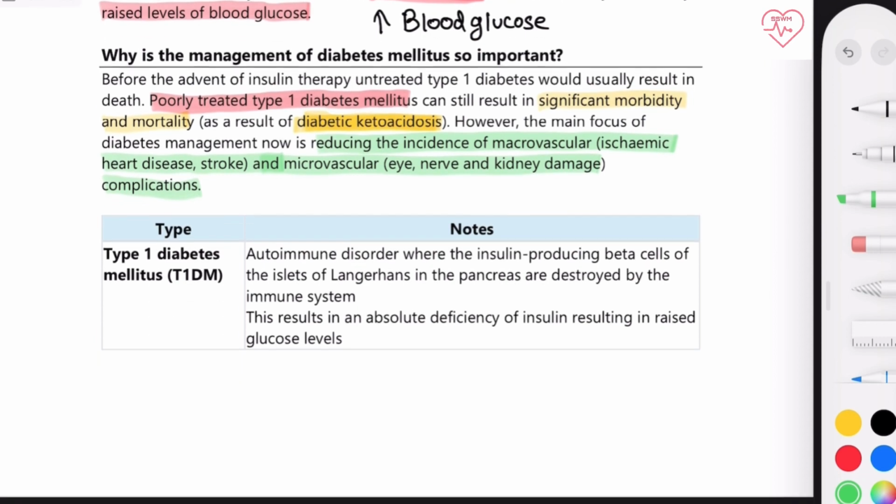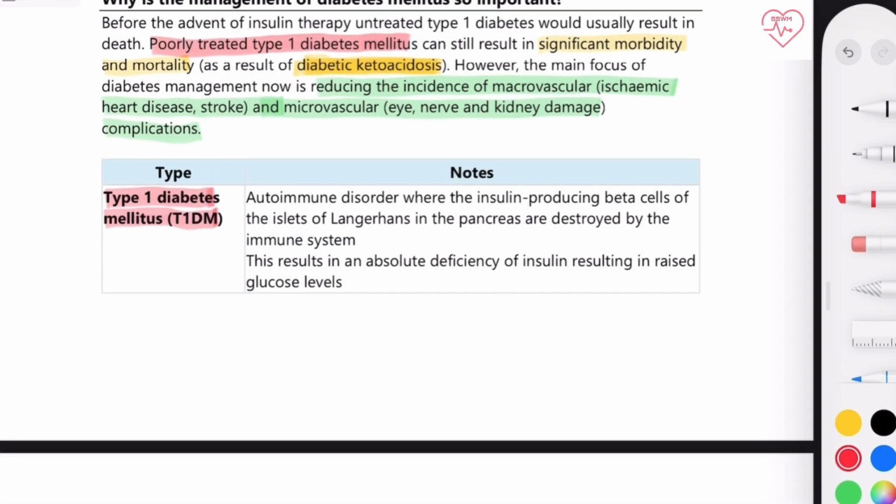So let's discuss type 1 diabetes mellitus, T1DM. Now this is an autoimmune disorder, correct? The insulin producing beta cells of the islets of Langerhans in the pancreas are destroyed by the immune system.